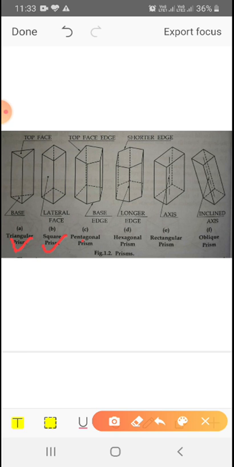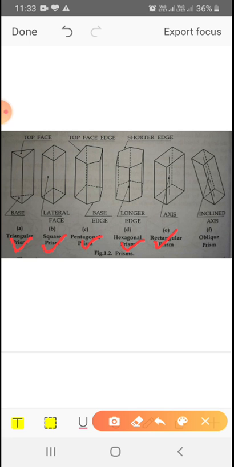A, B, C, D and E are right prisms. When the axis of the prism is perpendicular to the base, it is called a right prism. That means the bases of all these prisms rest on the HP, with the object kept perpendicular.